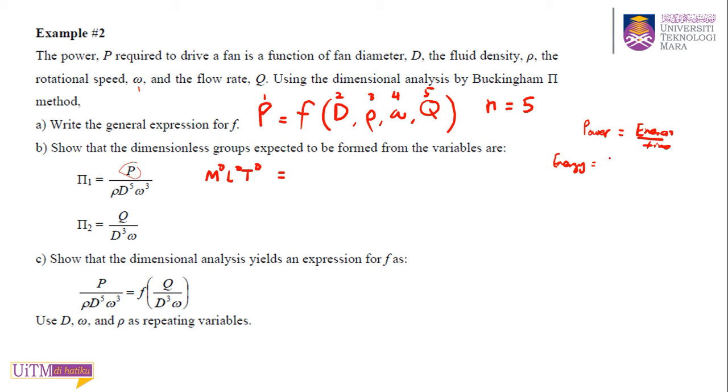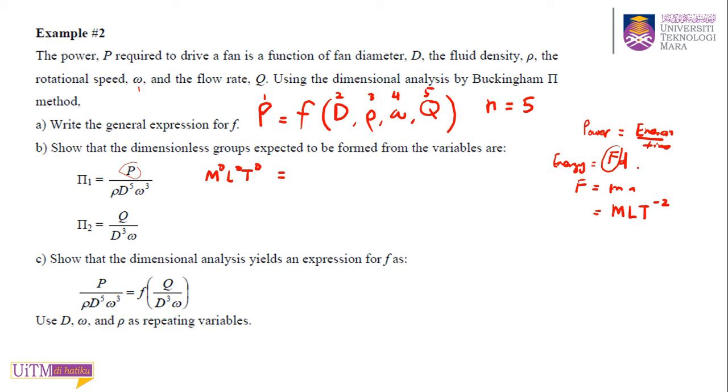Work equals force times distance, F times D. For force, F equals MA. What is the primary dimension for force? F equals MA, so the dimension of F is M L T to the power negative 2.